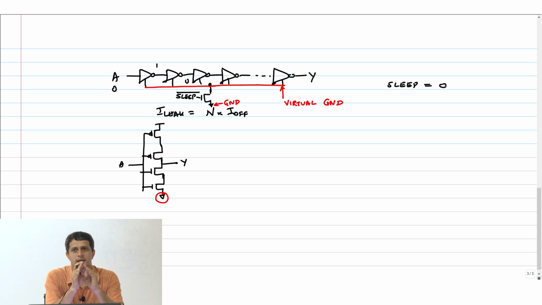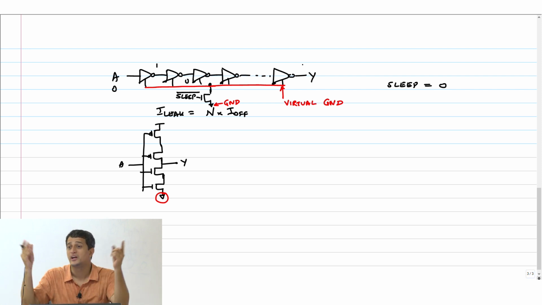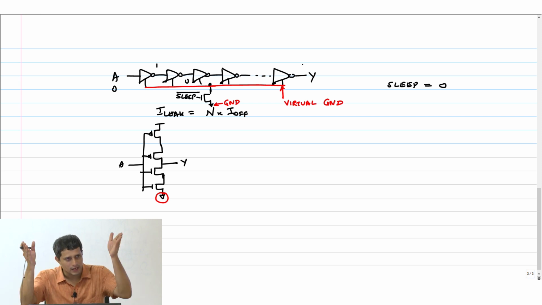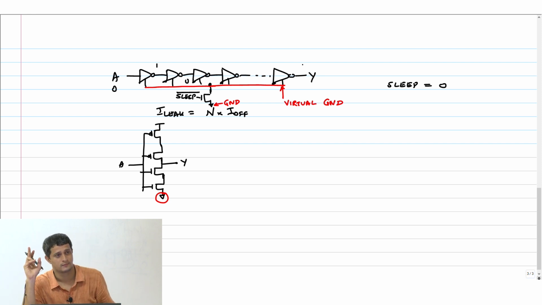Only thing is, it has to be really large, because now what's going to happen is all these inverters, at least every alternate inverter, because the signals get inverted every stage, will discharge simultaneously into this. There can be a parallel current, right? All these currents, and these I am talking about are on currents.